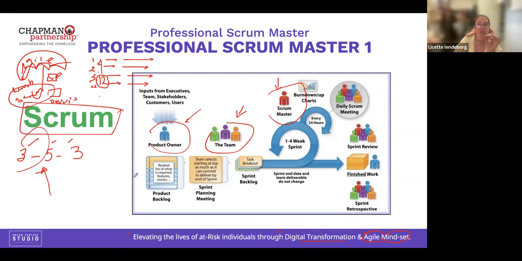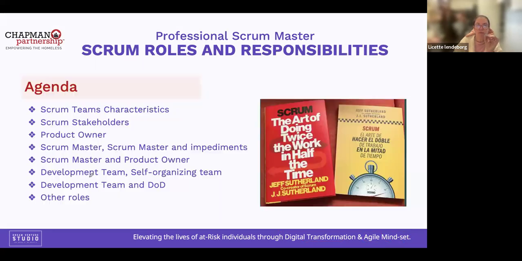So today we're going to talk about the 3 roles. As part of the agenda, we will be covering Scrum team characteristics, Scrum stakeholders, product owner, Scrum Master, and development team. A couple of additional pieces of information that I know are going to help us pass the exam.